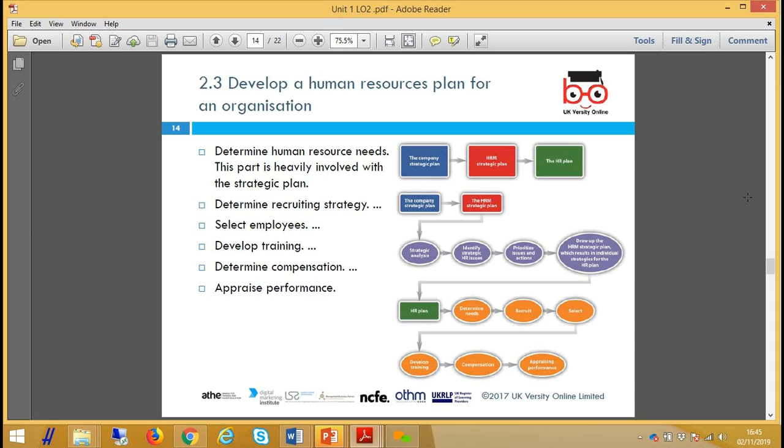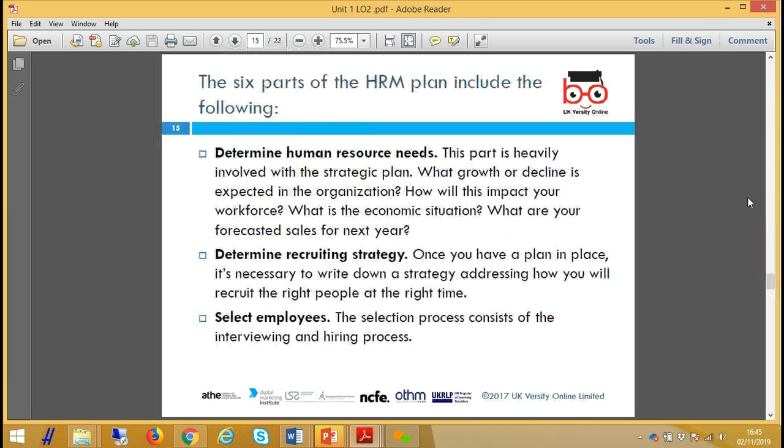That will now lead into the sub-plans, which is now actioning this HR strategy in terms of a plan and a budget, an implementation plan and budget, right? So that's where you start having subsections or sub-plans for recruitment, selection, training, compensation and reward, performance, and so on and so forth, right? So that's what the diagram is telling us there.